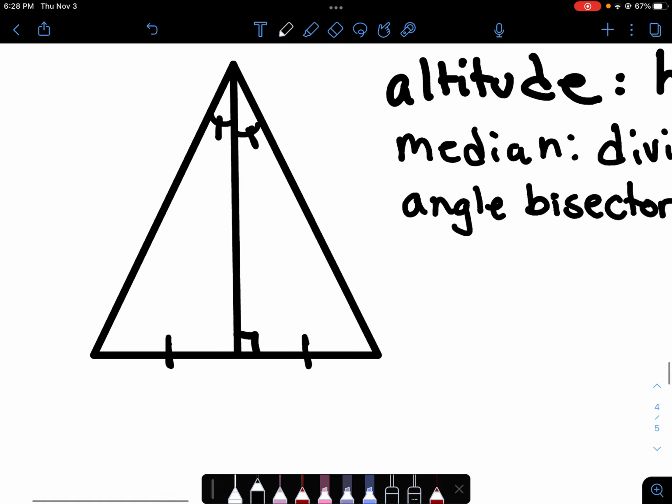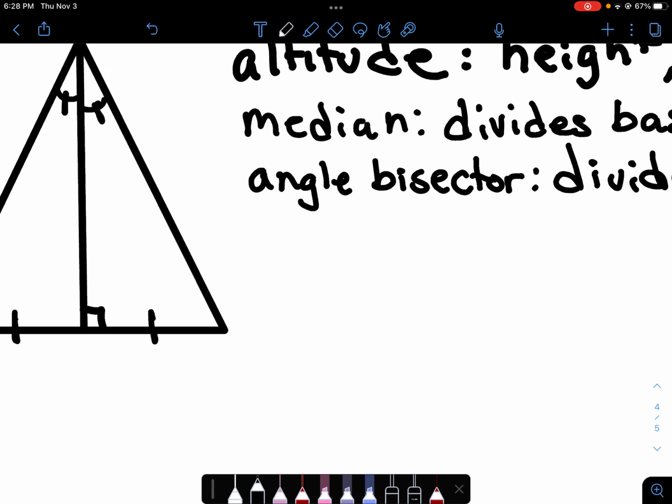Yes, it's weird, it's funky, but a bisector is basically in the name. Bi means two. It's like a prefix, and then sector is like a section. So basically, angle, two sections. It splits it into two.